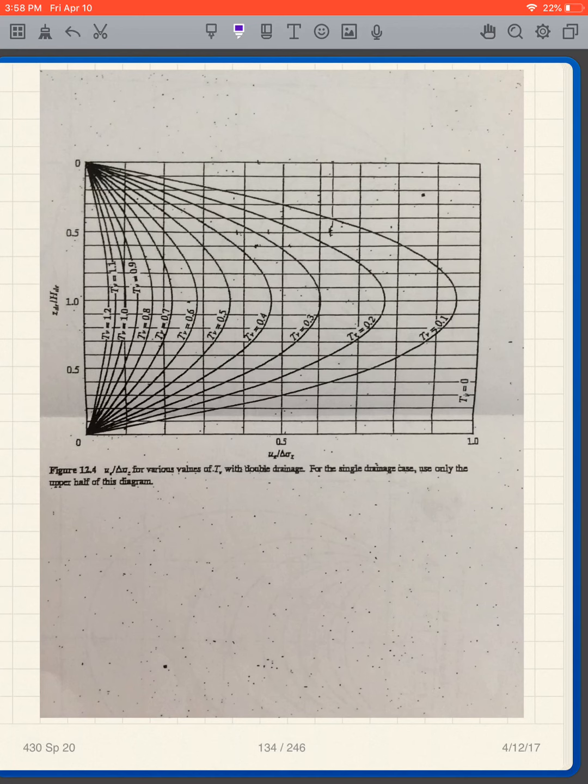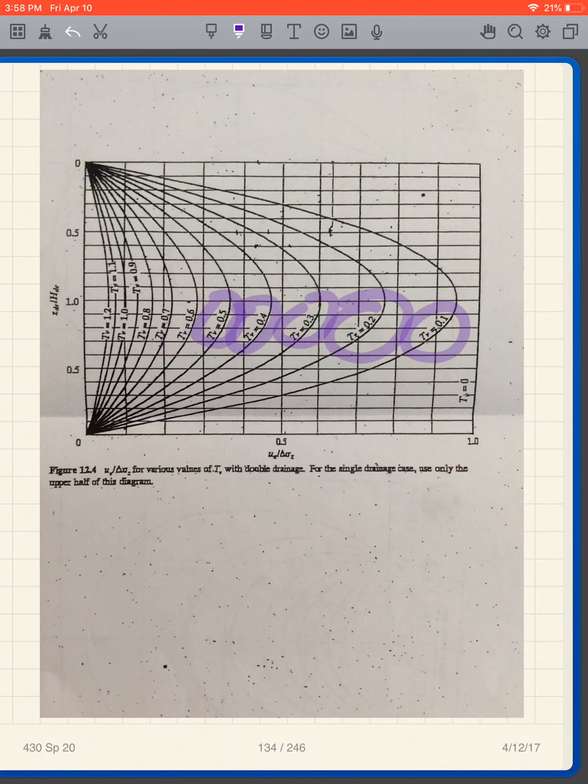This is what the standard solution plot is, so these are the actual numbers. This is capital T is 0.1, 0.2, 0.3, 0.4, 0.5, 0.6, etc. This represents 1.0, that's the full fill stress. That's half of the fill stress.